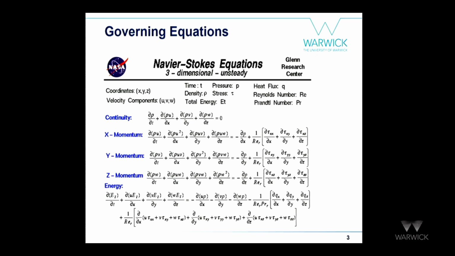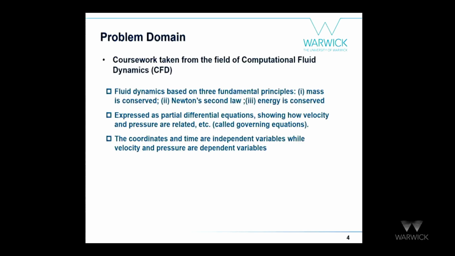So you can see that there are coordinates, which are the physical locations of the area, and there is a time, and there is a pressure, and there is a velocity. So the independent variables are the coordinates and the time, and the dependent variables are the fluid properties, for example, pressure, velocity, etc. Basically, these governing equations try to establish the relation between the fluid properties.